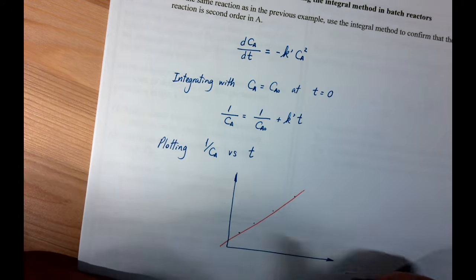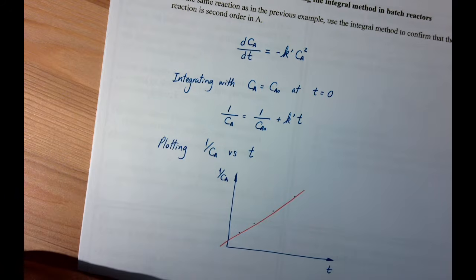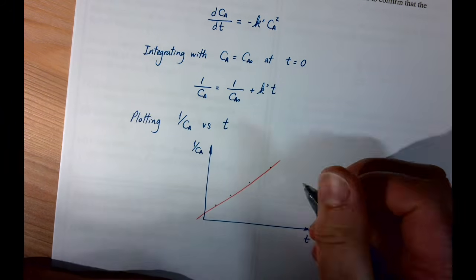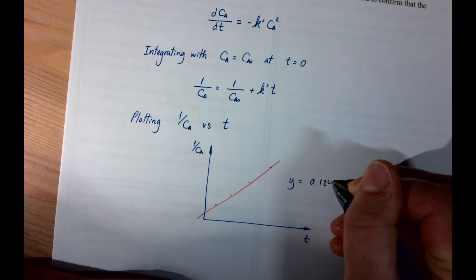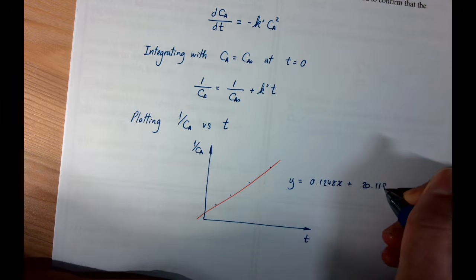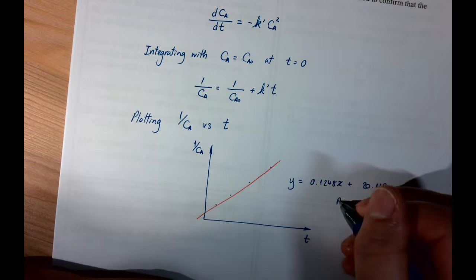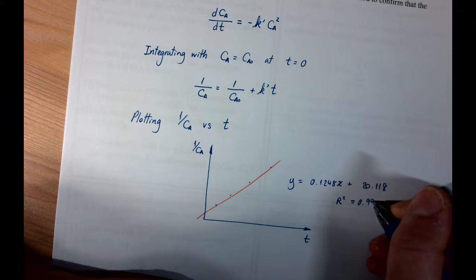Again, here I'm representing time versus 1 over CA. They'll fall on a line when you do linear regression, and the equation of your line is going to be 0.1248 x plus 20.118 with a regression R square of 0.9999.